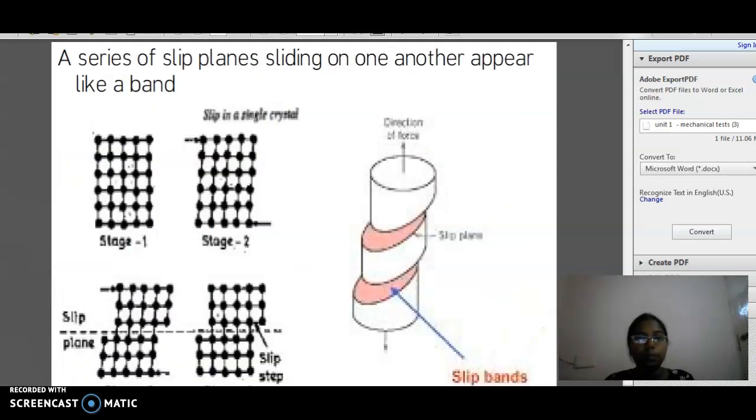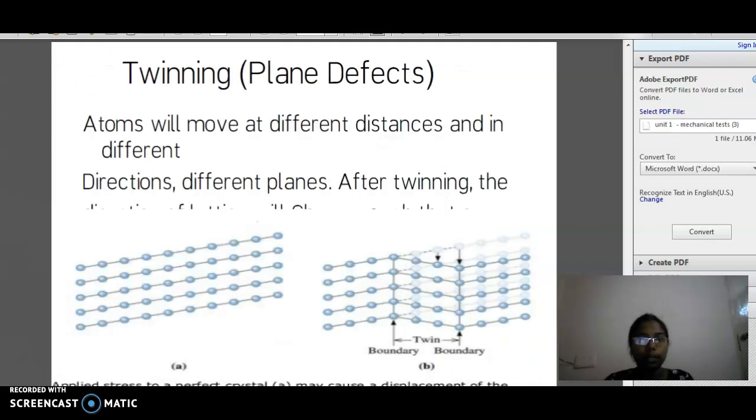A series of slip planes sliding on one another appears like a bar, which is shown in stage 1, stage 2, stage 3 and stage 4. Twinning, or plane defects: atoms move different distances and in different directions on different planes. The figure shows before twinning and after twinning.